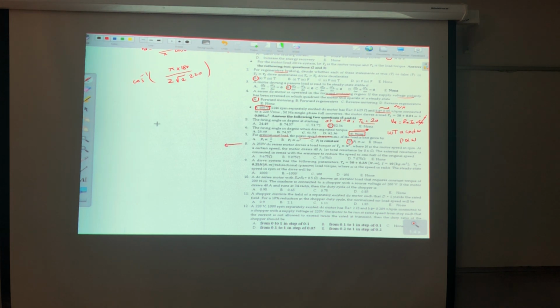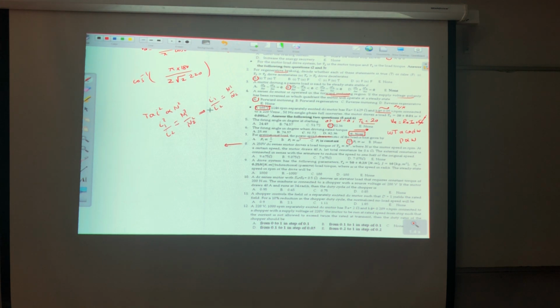The torque in a series machine is proportional with I square, and it's also given proportional to N square. So I1 square over I2 square equals N1 square over N2 square, so I1 over I2 must equal N1 over N2. And it's given that N2 is 0.5 N1.